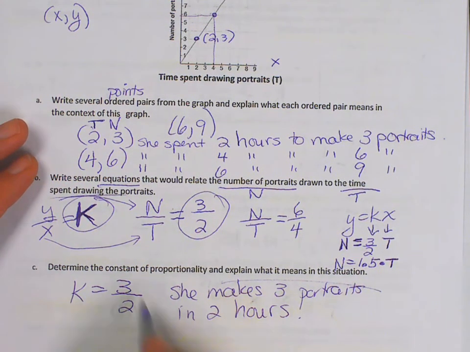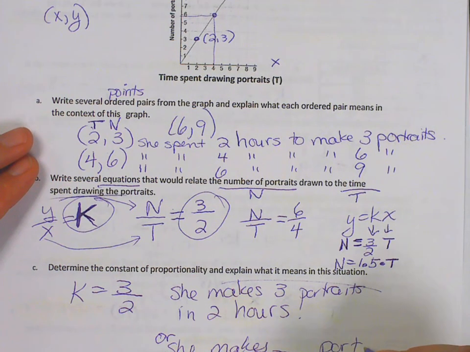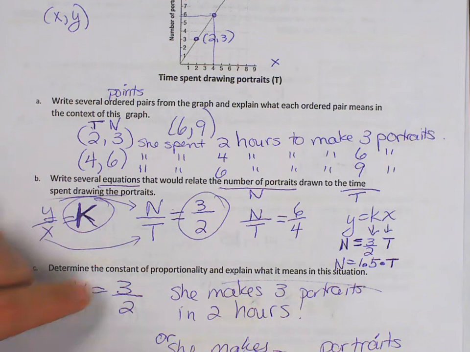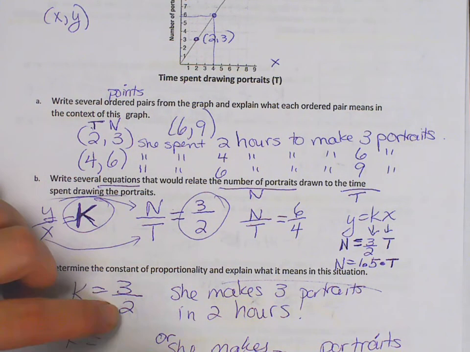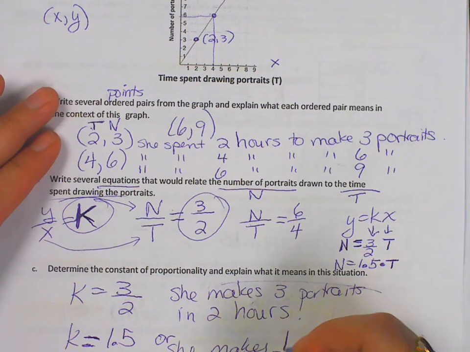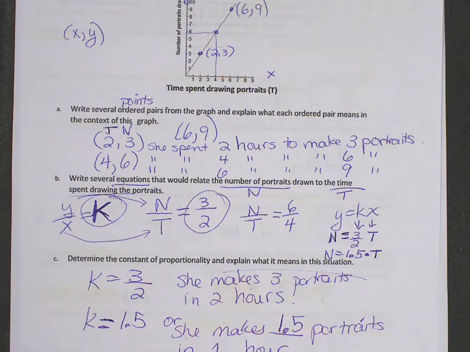Okay, so that would mean she makes how much in 1 hour? Am I spelling portraits right? So if you want 1 hour, just divide this. 3 divided by 2. You get 1.5. She can make 1.5 portraits in an hour.